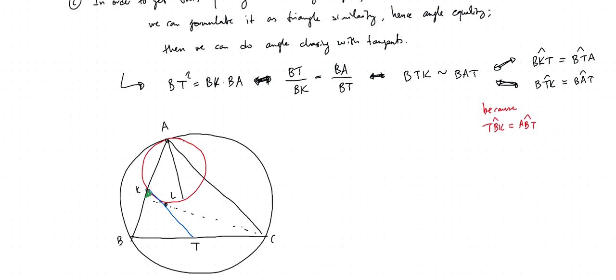So this green with this green, I can do. Or I can do the other one. This is with orange, BAT with BTK. This orange with this orange. What is your opinion about whether the orange angles are easier to chase or the green angles are easier to chase? You can start chasing them.